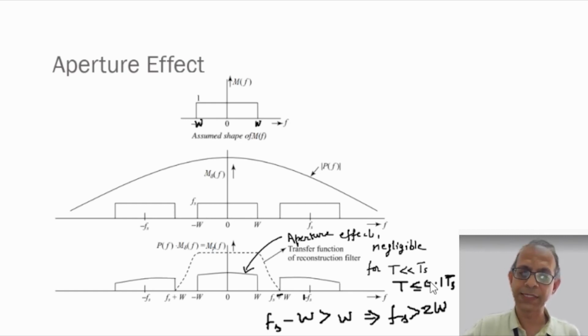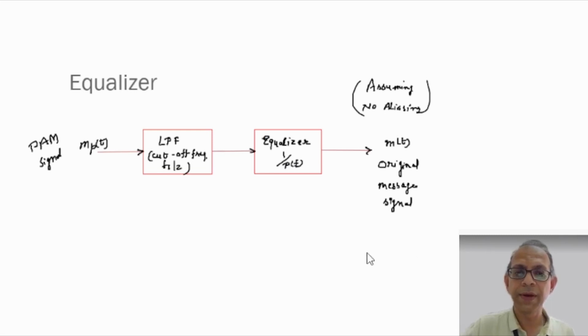However, in case the aperture effect is not negligible, then we have to have a device known as an equalizer with the transfer function, which is the reciprocal of P(f), put after the low pass filter, and then this equalizer will nullify the effect of P(f), and therefore we get the original signal back.